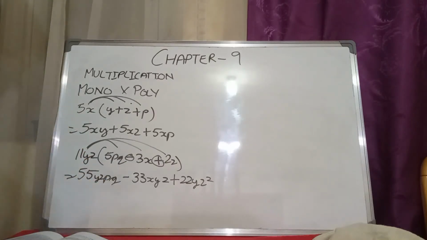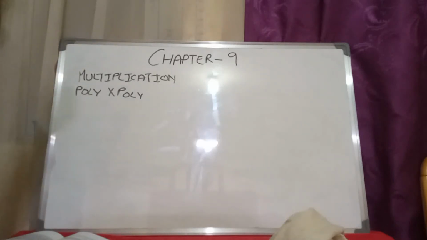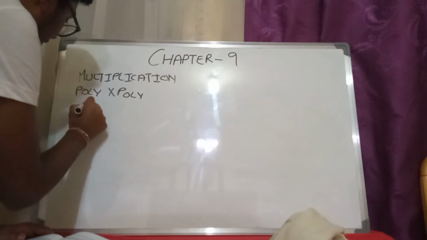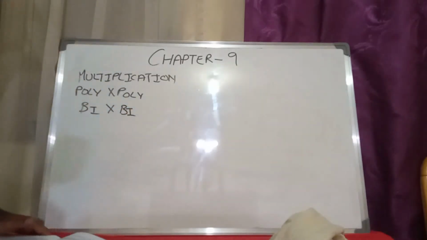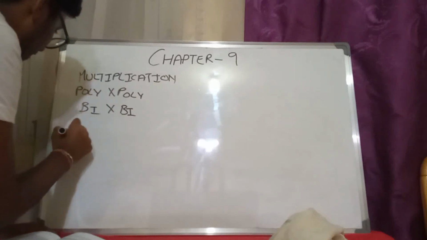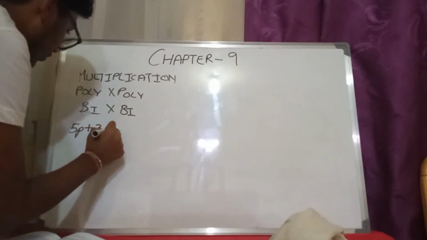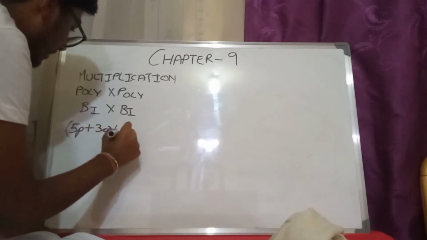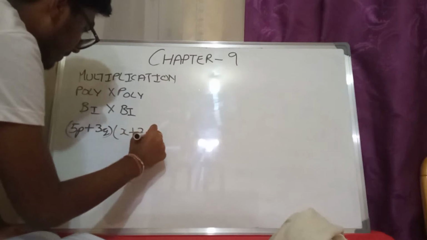Now we'll move to how to multiply a polynomial with a polynomial. In a polynomial with a polynomial, first we will see how to multiply a binomial with a binomial. So the first thing we'll be looking at is a binomial into binomial. For example, we'll do (5p plus 3q) into (x plus 3y).